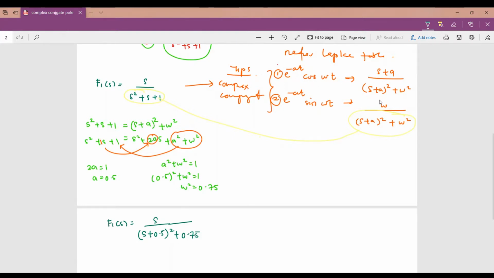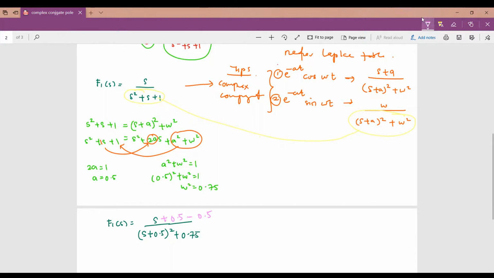So I need to get this form, but this one is S plus A, right? I don't have S plus A, but don't worry, we can add, but don't change the original. Don't change the original question, so I can add plus 0.5, the purple one, but I minus again 0.5.